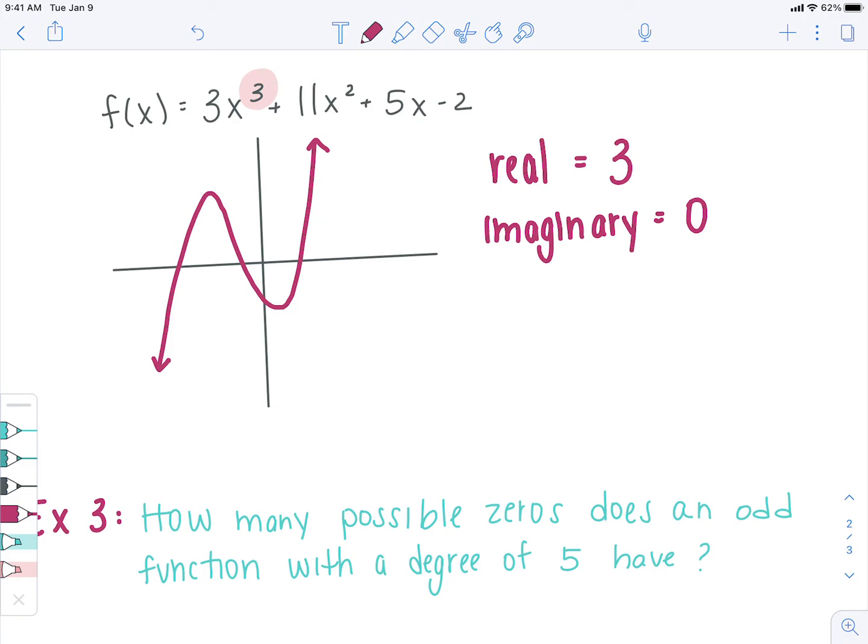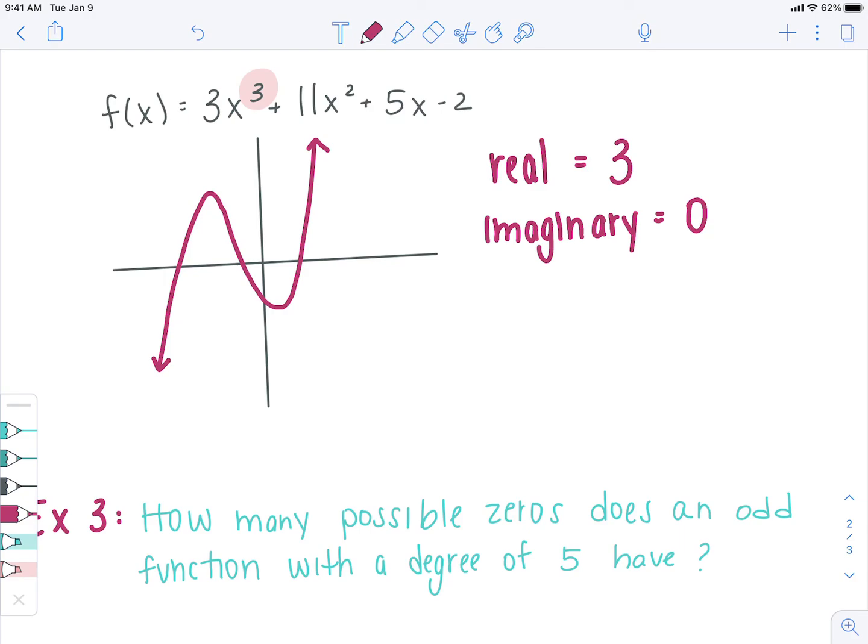For some reason, this one always trips everybody up when it's on a test, and everyone panics and thinks it's too easy and gives me some kind of crazy answer or writes this long giant explanation of something crazy. But fundamental theorem of algebra says if we know the degree, that's the most amount of zeros we can have. So all I have to tell you is the degree. You don't need to know anything else about this function. If it has a degree of 5, it could have 5 zeros.